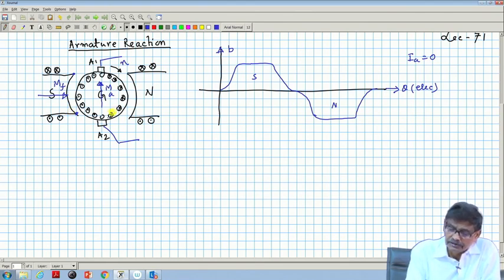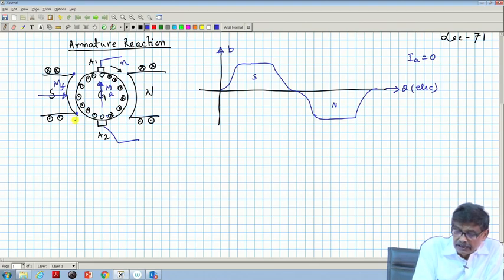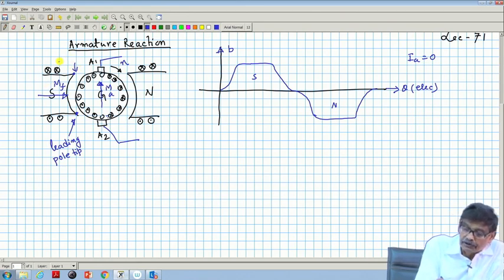Suppose you are sitting on the armature and moving like this, you will first see this pole tip and after some time you will see the other. So this pole tip is named the leading pole tip, and this pole tip is called the trailing pole tip.